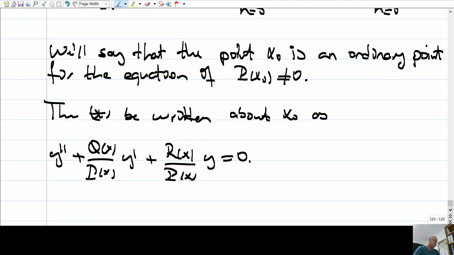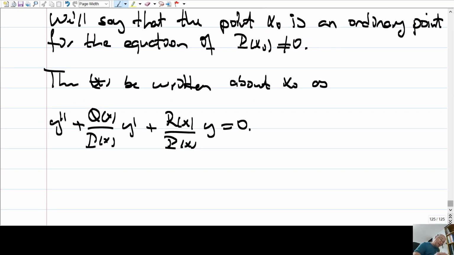Okay, let me give an example of such an equation.